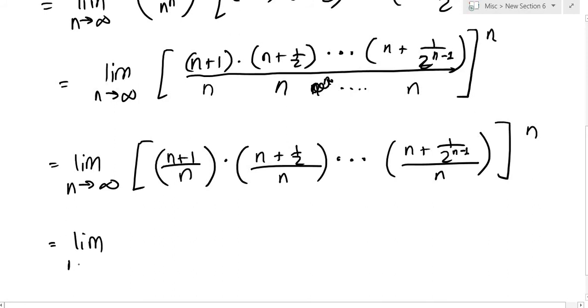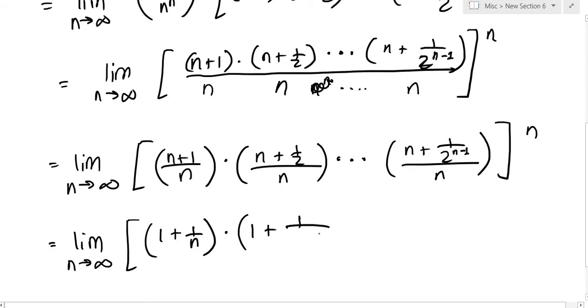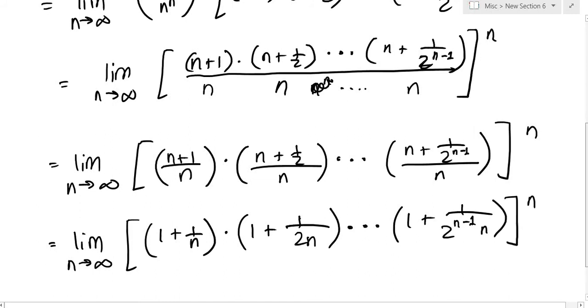Now let's do some cleaning up inside these brackets. We have 1 plus 1 over n times 1 plus 1 over 2n, and then finally 1 plus 1 over 2 raised to n minus 1 times n, everything raised to the nth power.